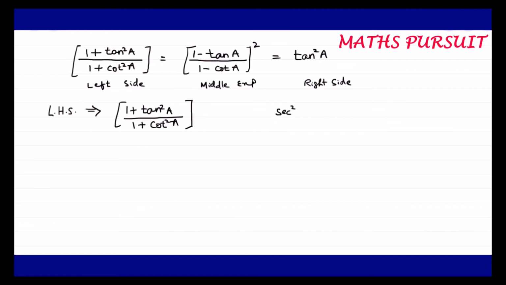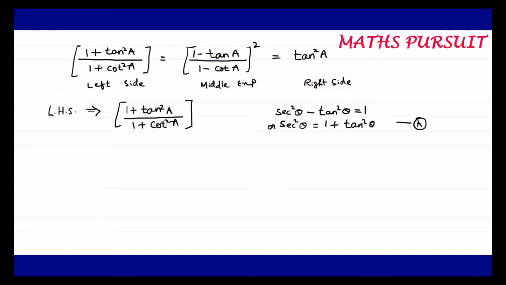We know that sec square theta minus tan square theta is equal to 1, or I can write sec square theta is equal to 1 plus tan square theta. This is our expression number A. This is a very important identity.